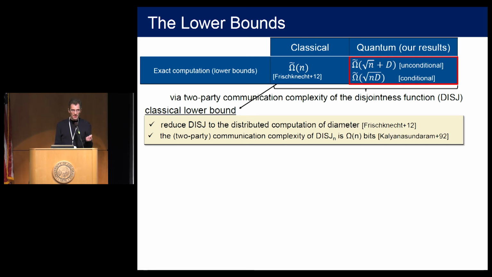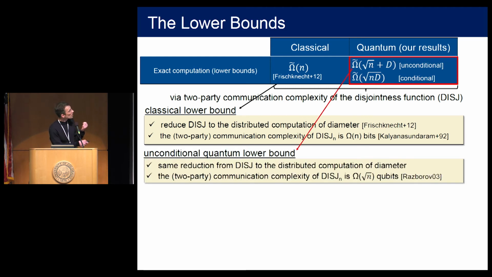You show that if you have an efficient distributed algorithm for computing the diameter, you can convert it into an efficient two-party protocol for computing the disjointness function. And we know that this function is hard in the communication complexity setting. So this implies this lower bound on the round complexity. Okay?